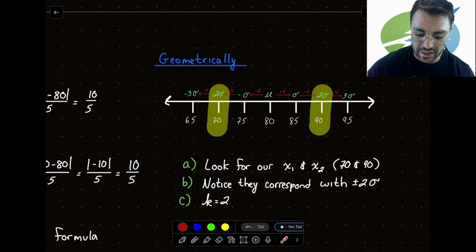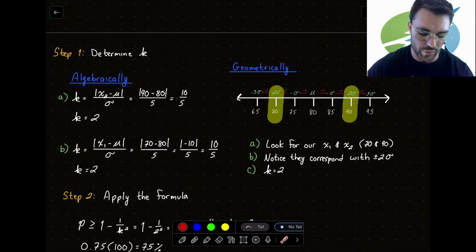So we can see that 90 and 70 are both 2 units away from the mean in either direction. We don't concern ourselves with a negative going this way. We just know it's 2 to the left, 2 to the right. Because it is 2 standard deviations away from the mean, looking at it like this, we can quickly infer k equals 2. Two different ways to do it.